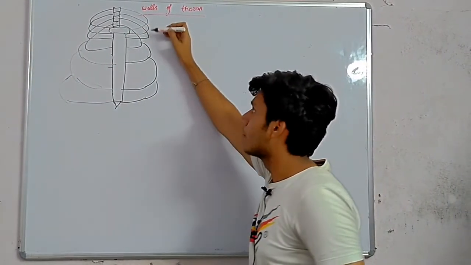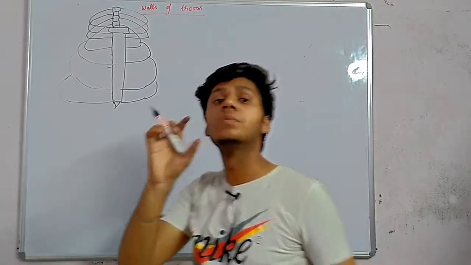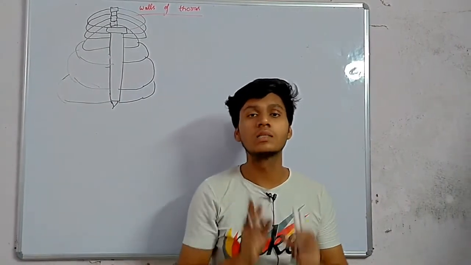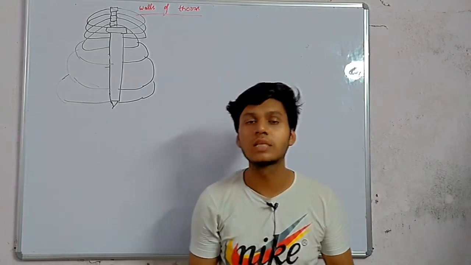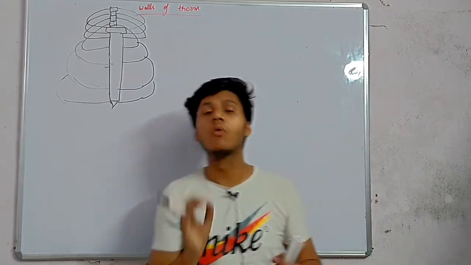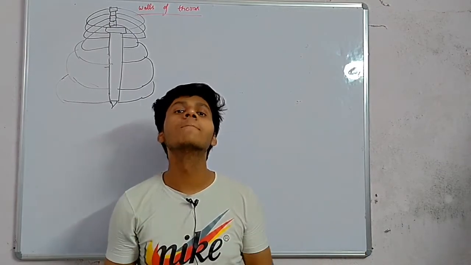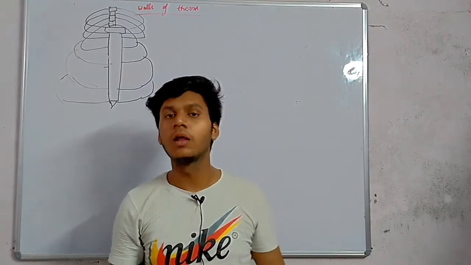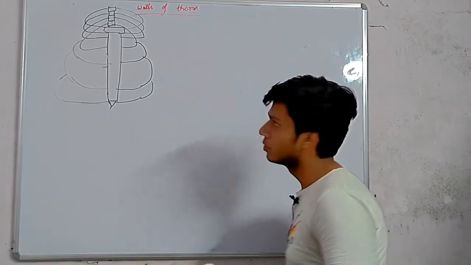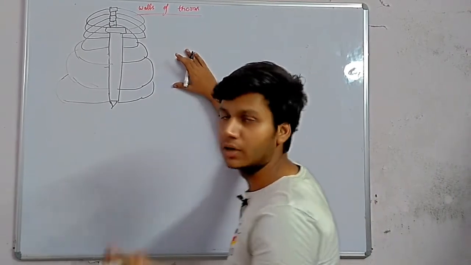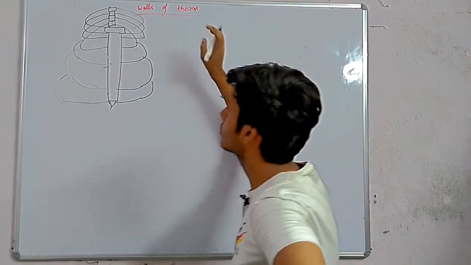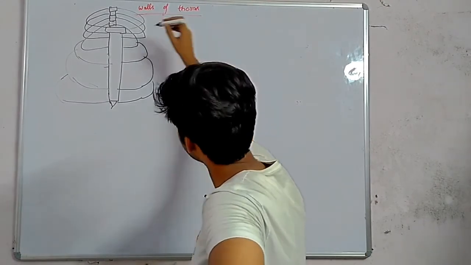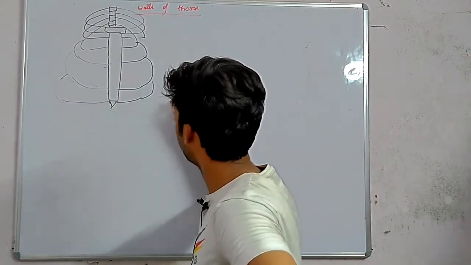Now take the example of ribs. In between two ribs, there are three muscles present: external intercostal, internal intercostal and innermost intercostalis. Done. Three muscles present between two ribs.